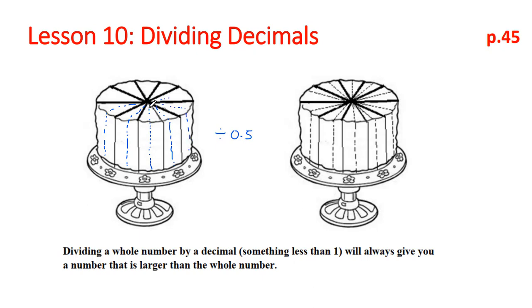So division by something that is less than 1 will result in an answer that is greater than where you started. 10 divided by 0.5 equals 20. And so we'll see in our next group of questions that we're going to get large answers because we're dividing by decimals that are smaller than 1.